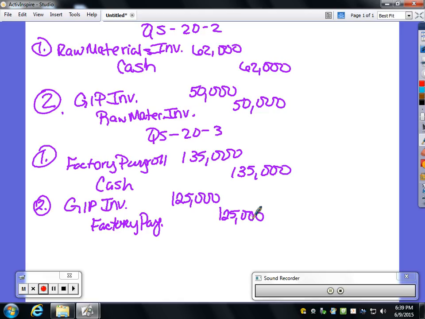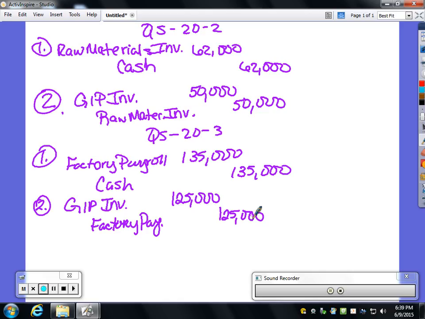Quick study 20-4. Refer to the information in quick study 20-2 and 20-3. Blanche's boxes requisition 9,000 of indirect materials from its raw materials and used 10,000 of indirect labor in its production of boxes. Also, it incurred 156,000 of other factory overhead costs. It applies factory overhead at the rate of 140% of direct labor costs.